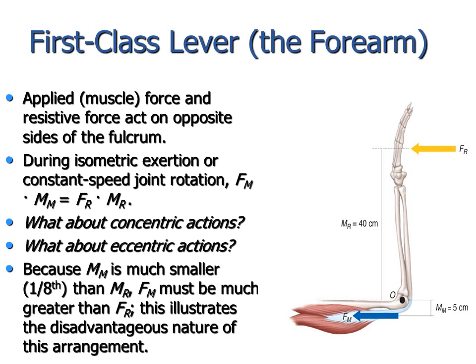Well, in the body, that would constitute an isometric contraction of the muscle. Now, what happens when the product of the resistive force times the resistive moment arm is less than the product of the applied force times the applied force resistance arm?